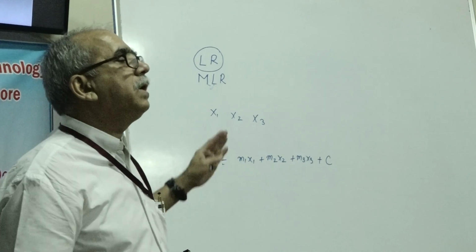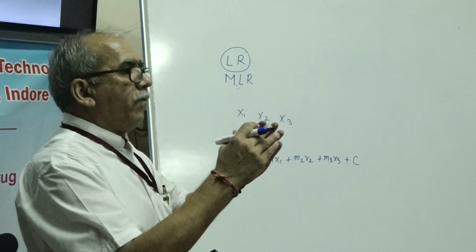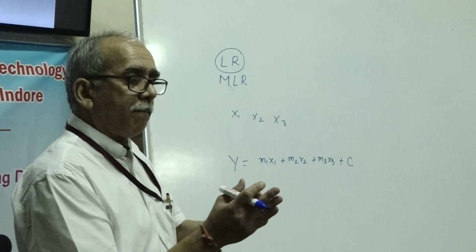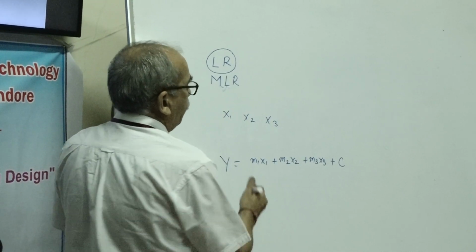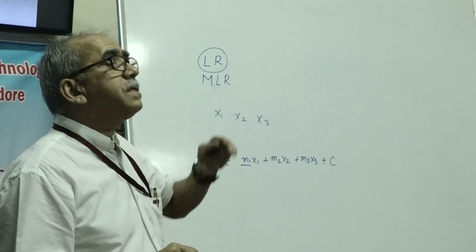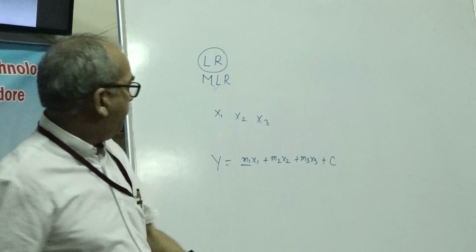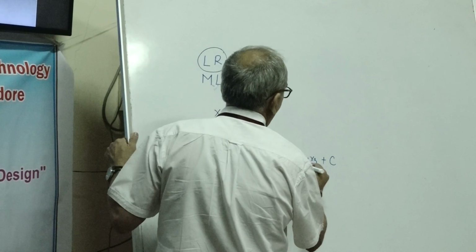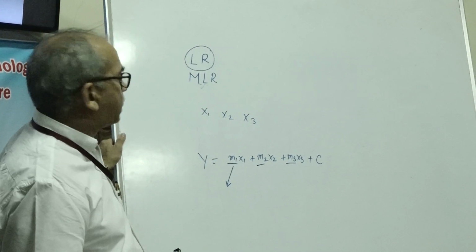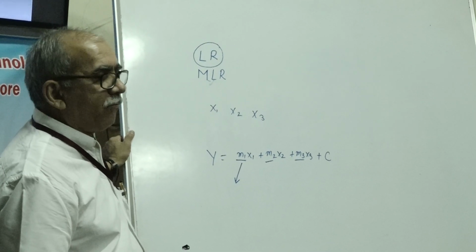This is a cumulative way of performing linear regression, wherein in linear regression we call this a slope, but here this is called an impact factor.